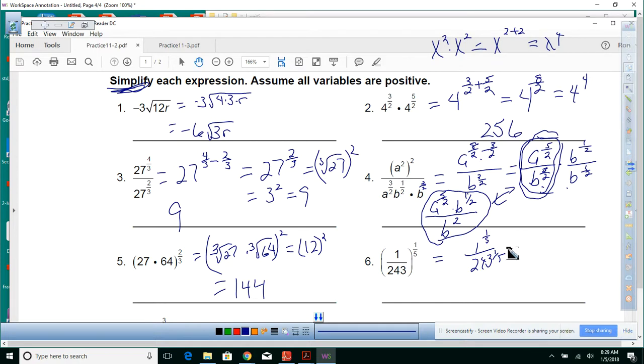All right, so 1 to the 1/5 is just 1, and 243, that would be the 5th root of 243. The 5th root of 243 is just going to give you 1/3. All right, good deal.